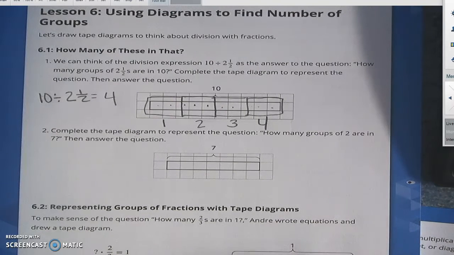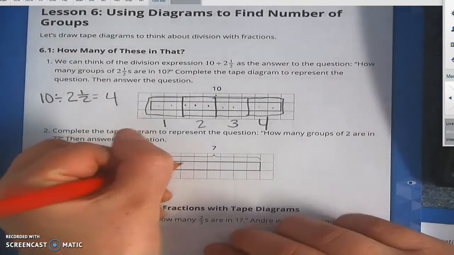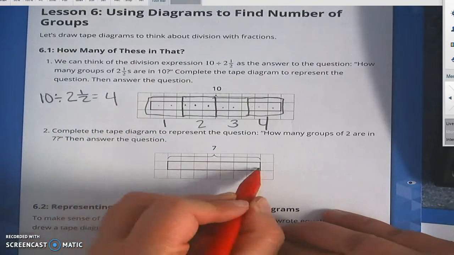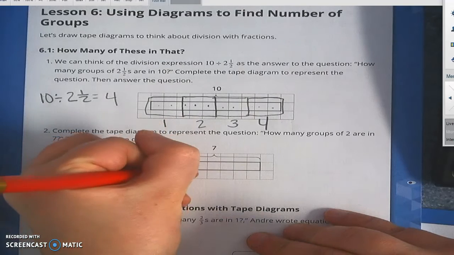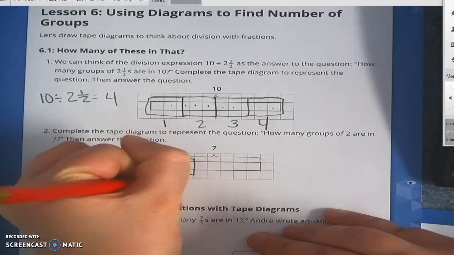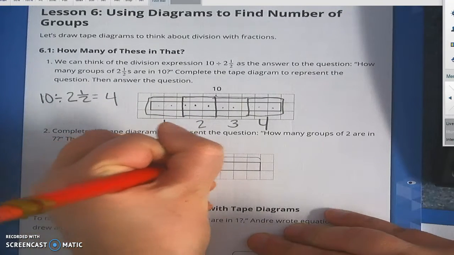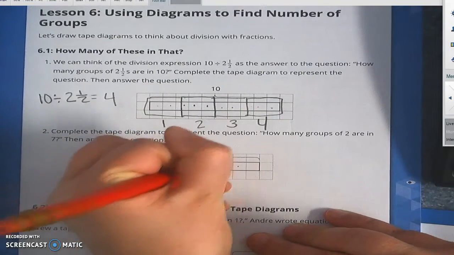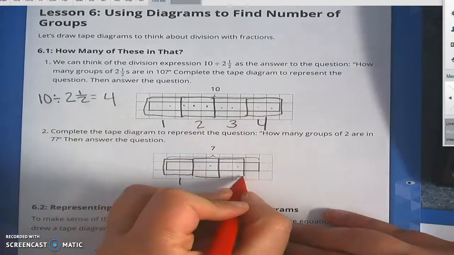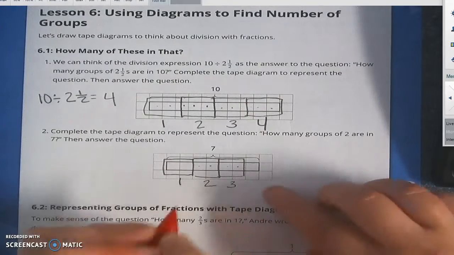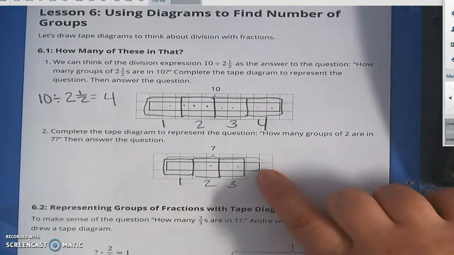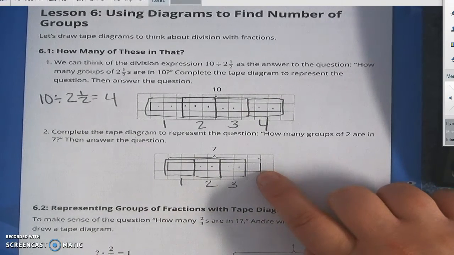Number 2, complete the tape diagram to represent the question, how many groups of 2 are in 7? Okay, so I'm taking this group of 7 and I'm splitting it up into groups of 2. So there's one group, here's a second group, here's a third group, but now I don't have enough squares left.